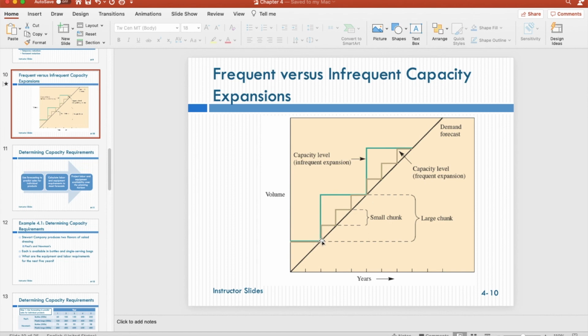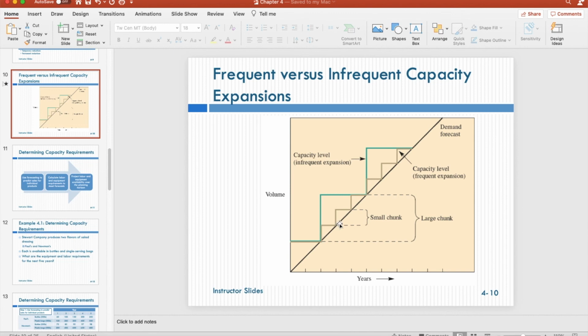And you may put a lot of effort in order to increase to the next level. So that's why here, each time you try to increase the capacity, the cost that will be incurred during the whole procedure will be much higher, compared to the frequent capacity expansion procedure.